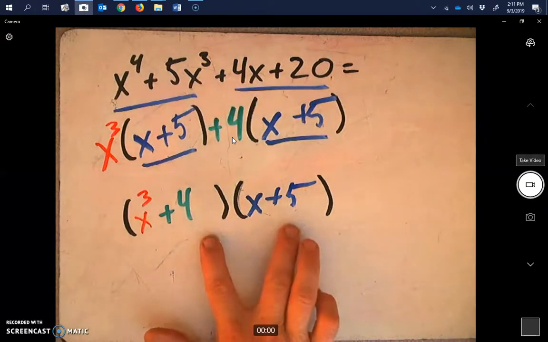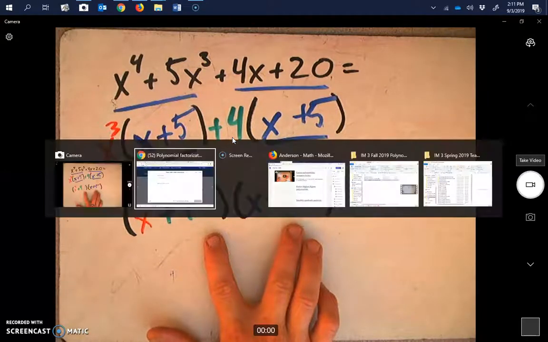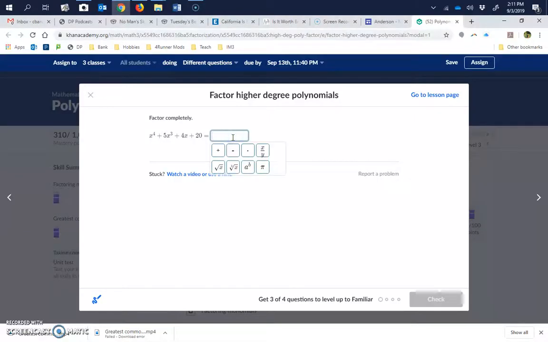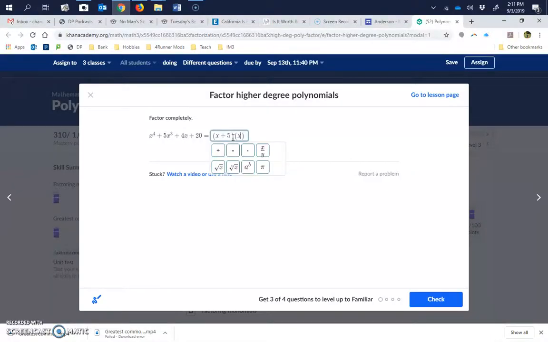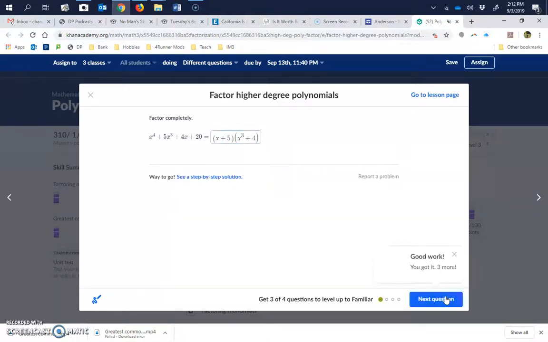You can write these in any order. I'll flip it around right now just to show you what I'm referring to. So x plus 5 and x cubed plus 4. And that looks right. And it is. And that's factor by grouping.